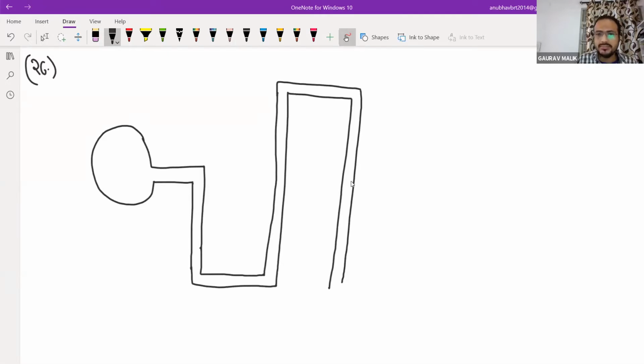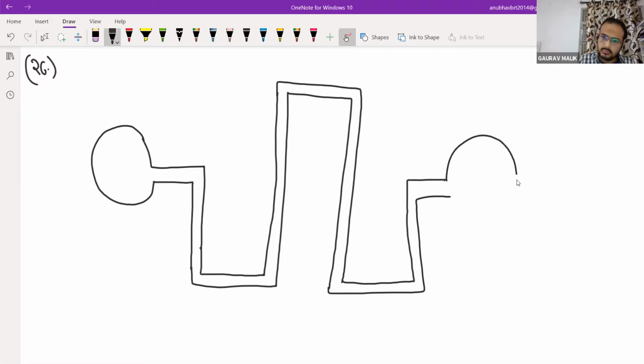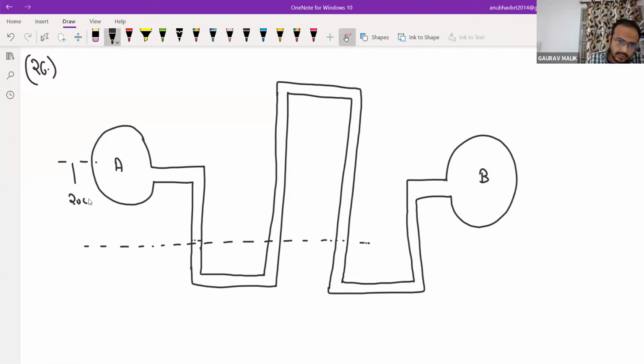It is just vertical. Suppose it is A, it is B. This is 20 centimeter.